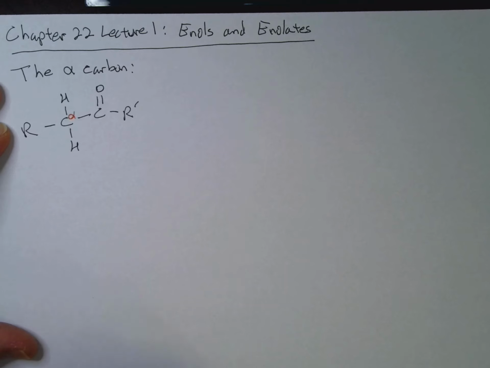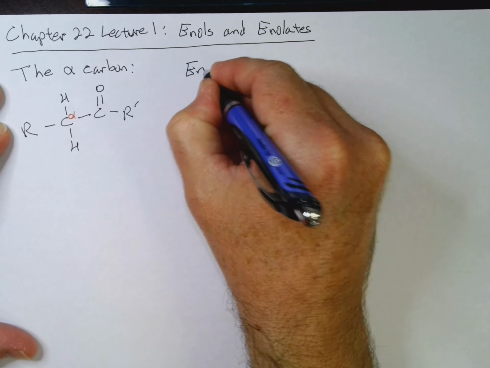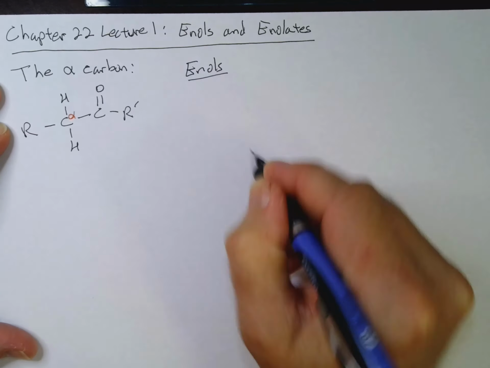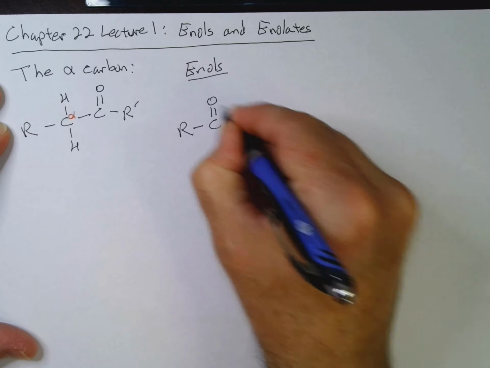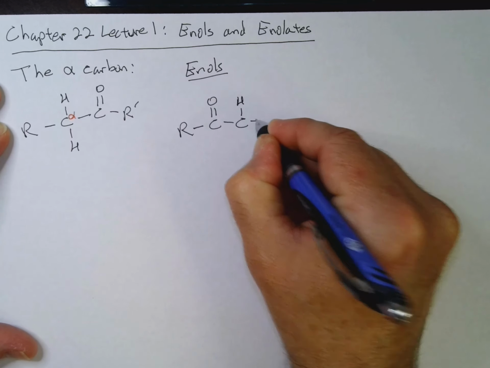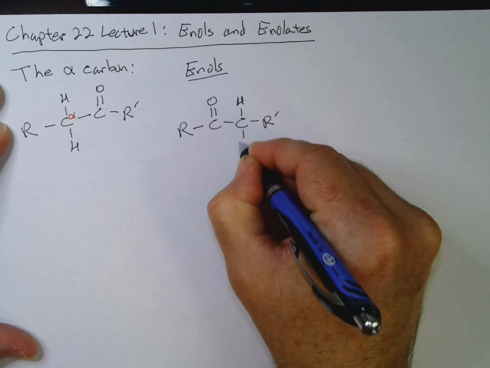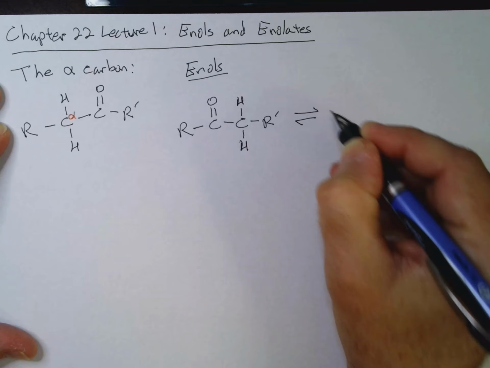And you can form what are called enols. And we'll have an equilibrium here.